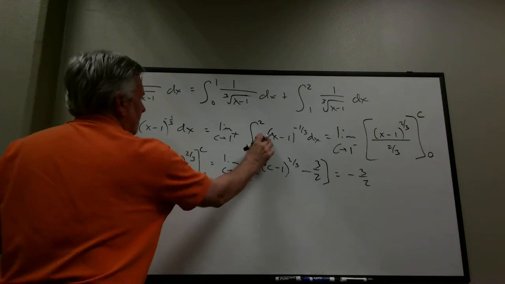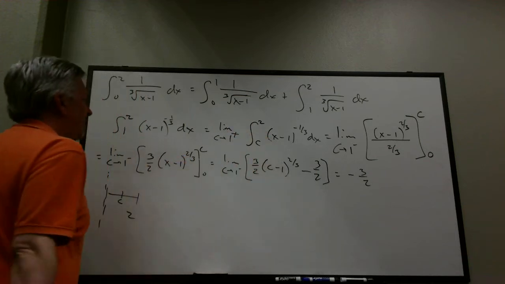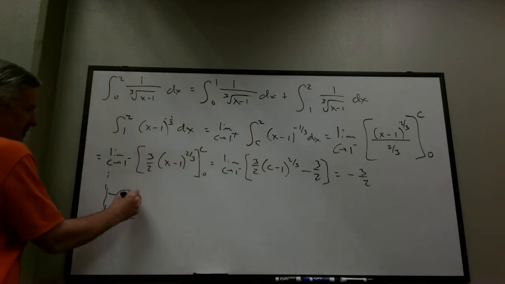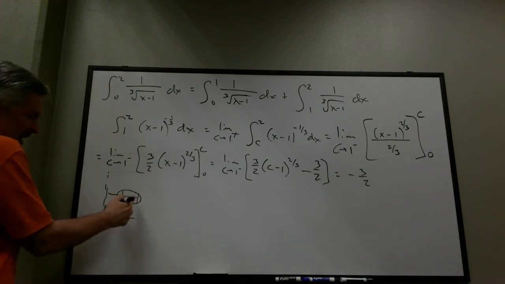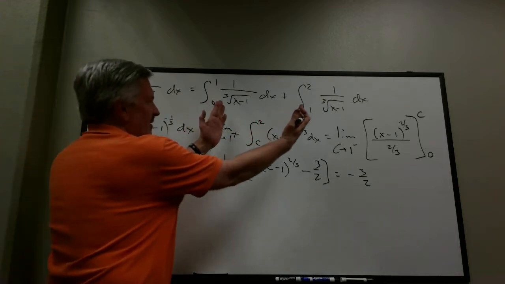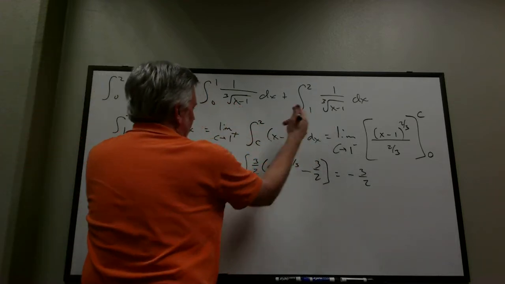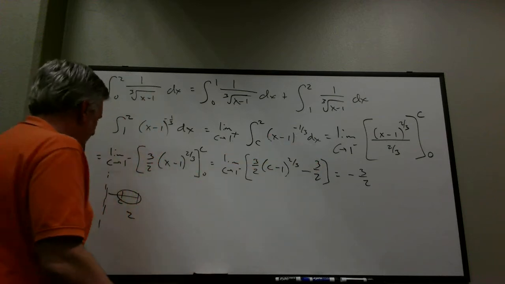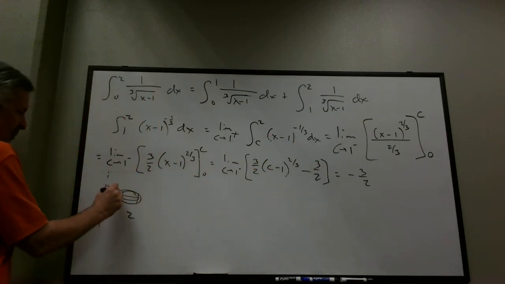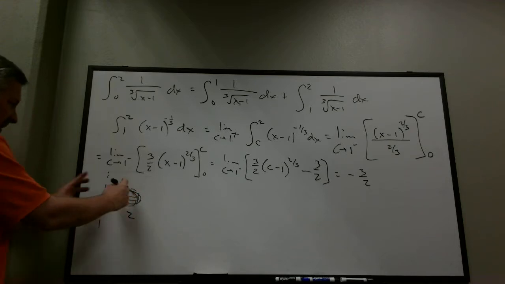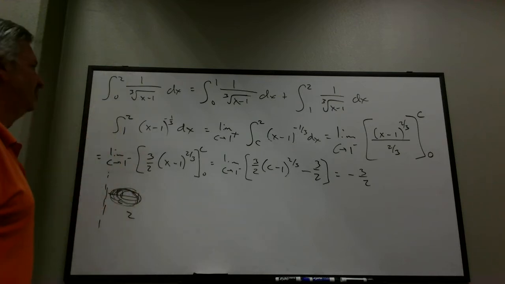Now when we choose this c between 1 and 2, the integral from c to 2 has no discontinuities there, it's continuous, so that integral is going to exist. It's just when you take the limit as c goes to 1 from the right, is that answer going to exist? You can integrate that and then move c and integrate that and move c again. These keep giving you answers, but as you get closer to 1, is that blowing up or not?